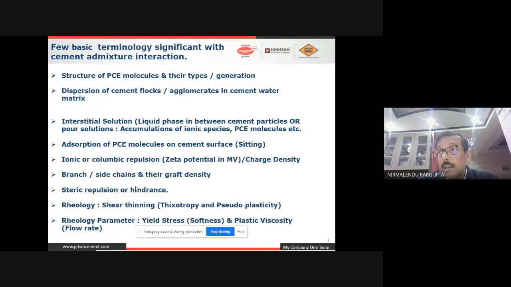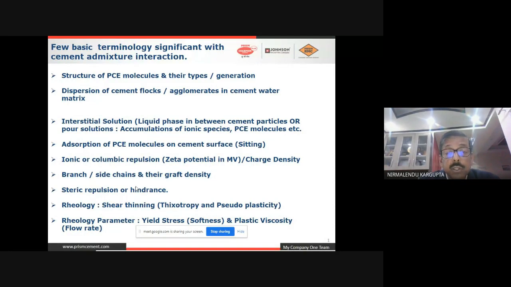First, sulfate dissolution will take place. Then calcium dissolution will take place. Hydroxyl ion dissolution will take place. Silicon ion dissolution will take place. Then some PC molecules will also be resting in the interstitial solutions. So this is a very important aspect of admixture technology to understand, what is called interstitial solutions.